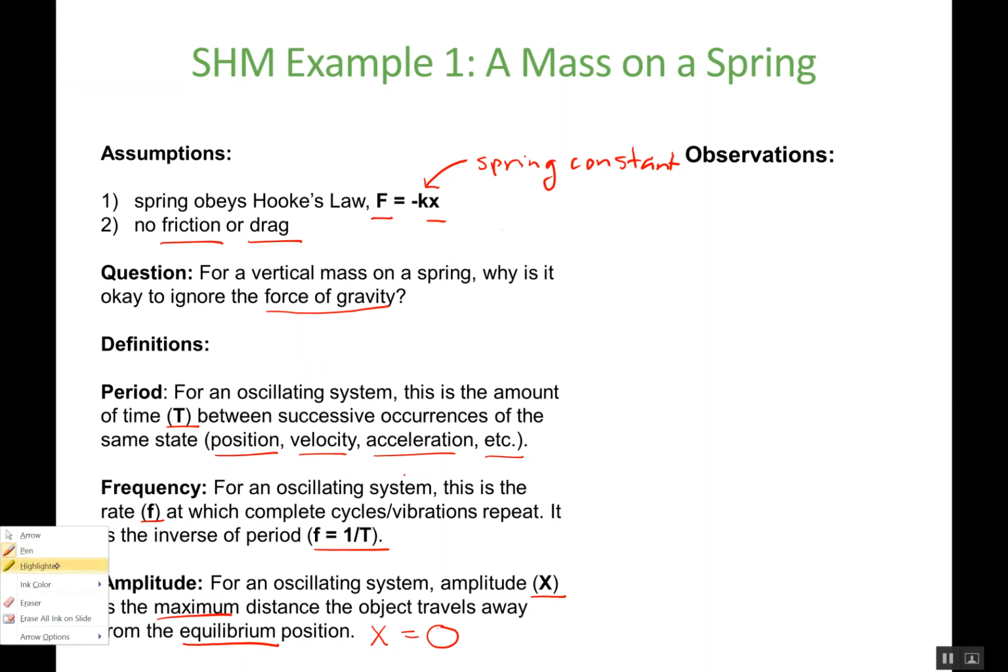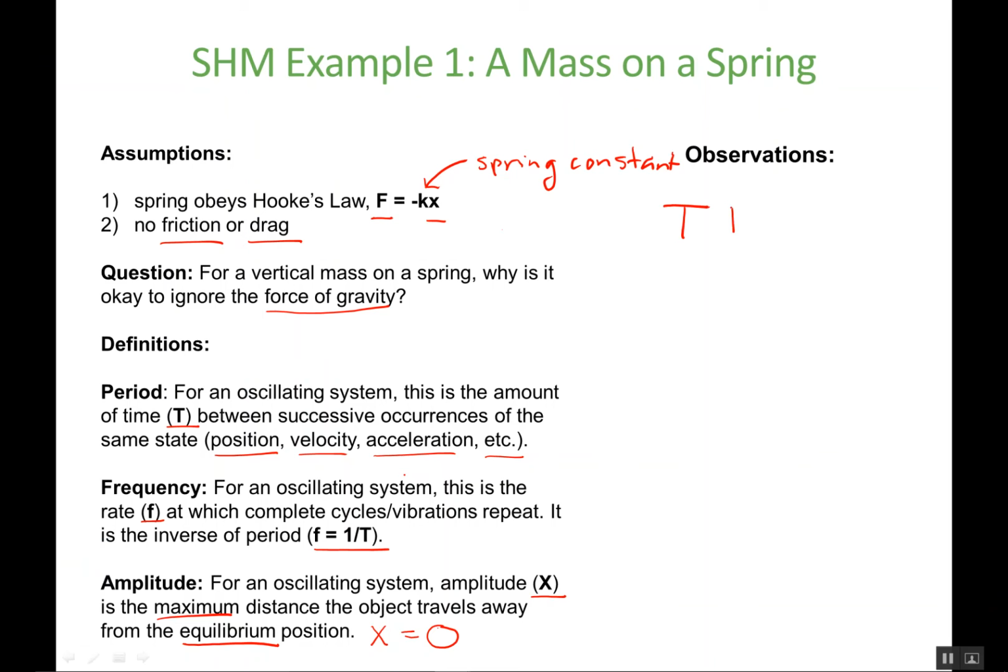Okay, so let's summarize what we just observed. We observed that the period got bigger as the spring constant got smaller, or the frequency got smaller as the spring constant got smaller.